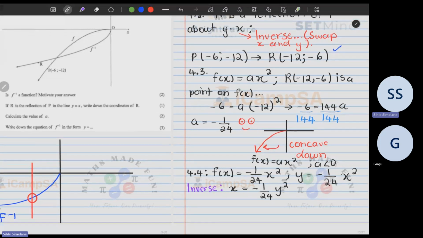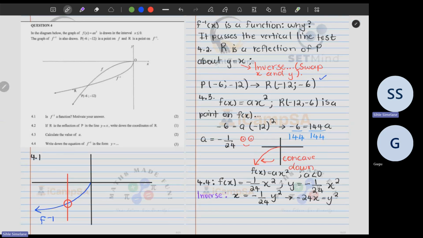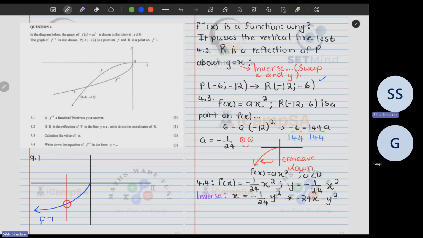Then when we divide by -1/24 on both sides, we'll end up having -24x equals y squared. Do you see that? Yes, sir. Okay. And now what we need to do is take the square root of both sides.